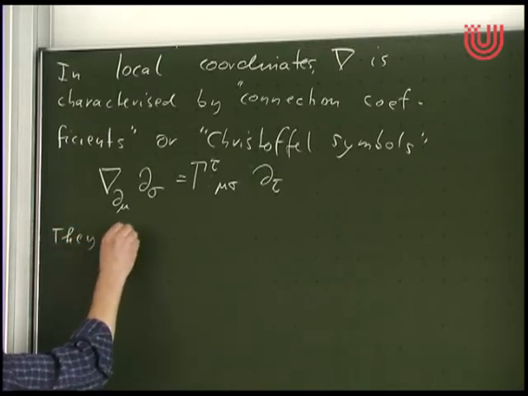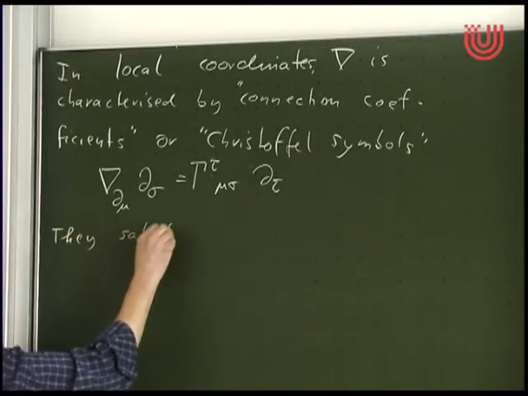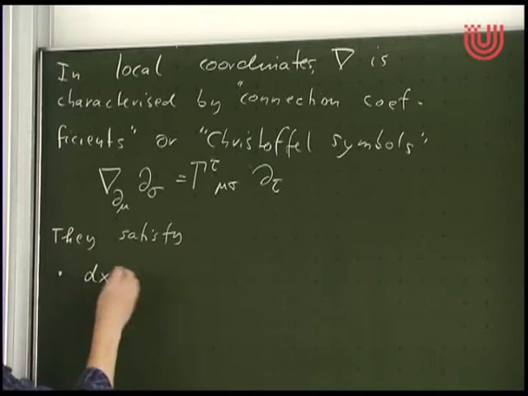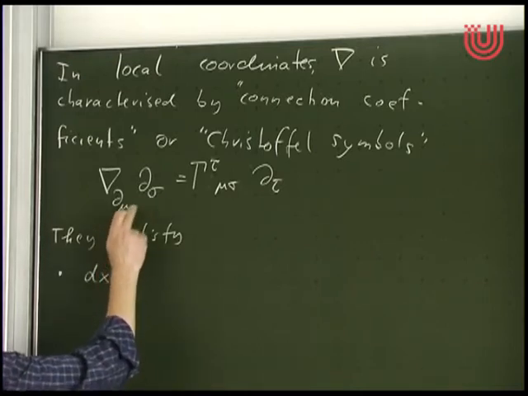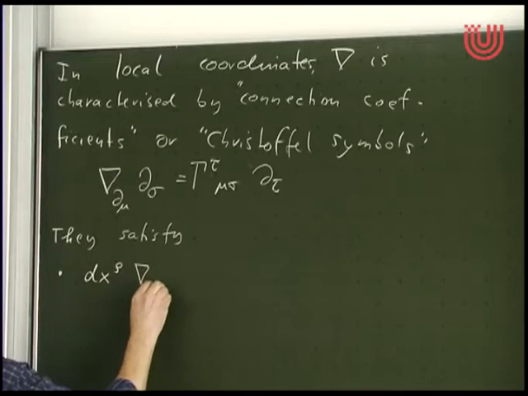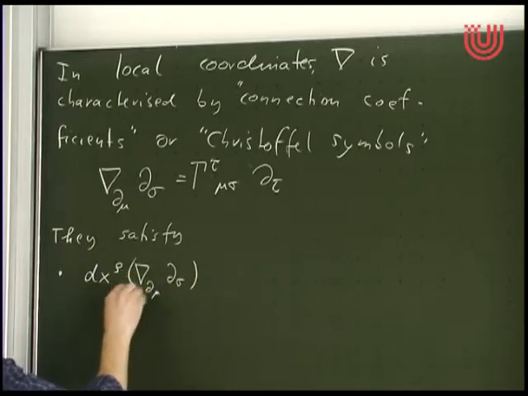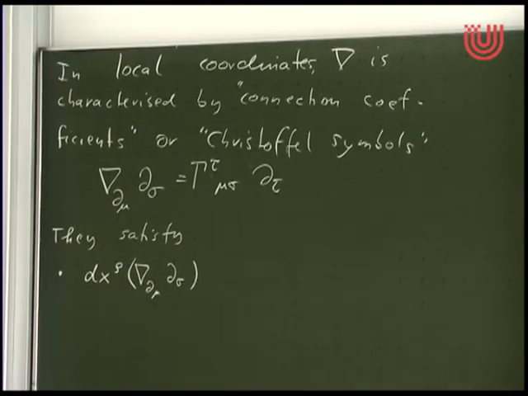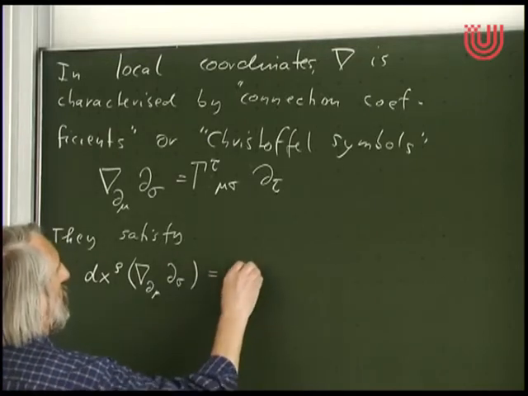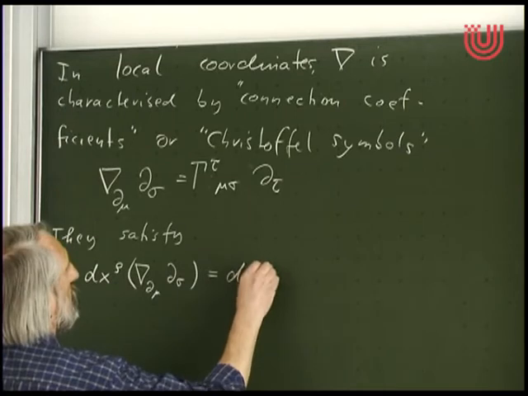And I claim that they satisfy two rules, which is fairly obvious. The first rule is: if I apply dx rho, what letter did I use? I used mu, sigma, and tau. If I apply dx rho to the derivative d mu of d sigma, what is this? Well, of course I insert this expression here.